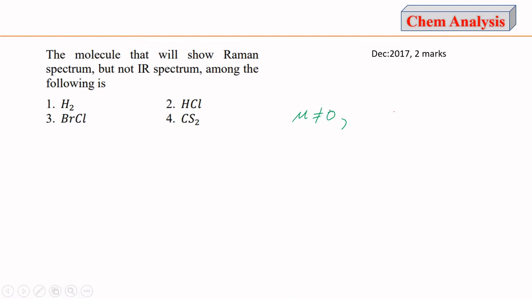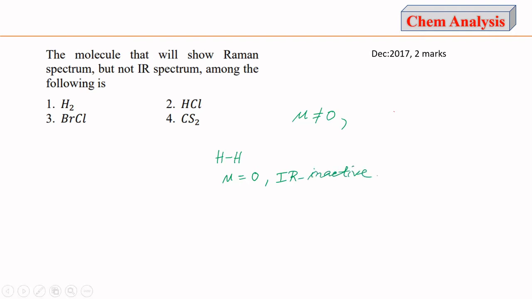That means the molecule should contain a dipole moment, or after the vibration there will be a change in the dipole moment of the molecule. Now for the first molecule we can see that it is a homodiatomic molecule, and the dipole moment corresponding to this molecule is 0, so it will be IR inactive.